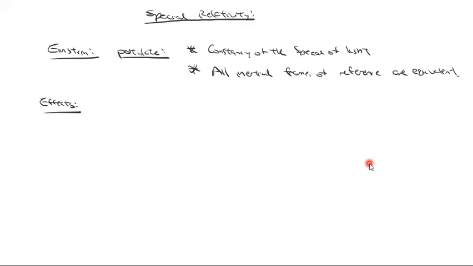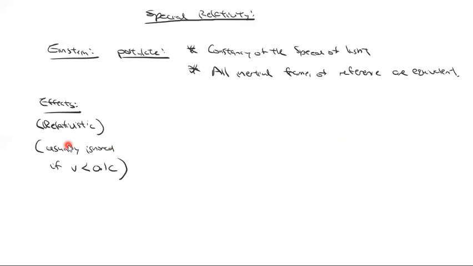We call these relativistic effects: relativistic because they relate to relativity, and relativity because they relate to your velocity. Typically we ignore them because they're so small if the velocity is less than 0.1 c.